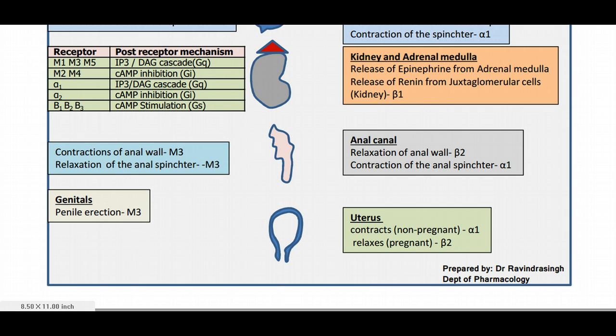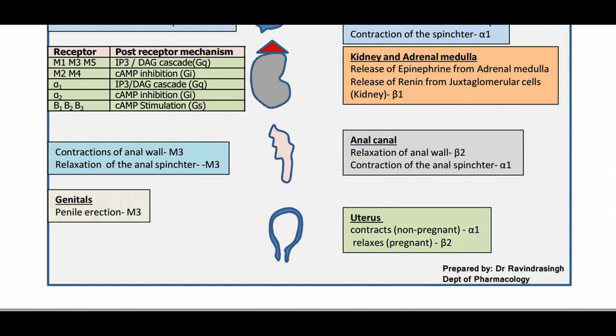The effect of the autonomic nervous system on the anal canal is similar to the effect on the urinary bladder. Here, the parasympathetic system again has M3 receptors, in the anal wall as well as in the sphincter.